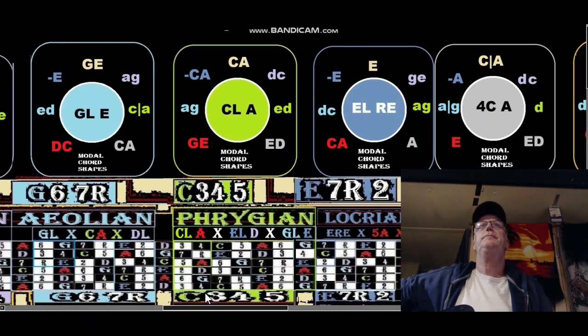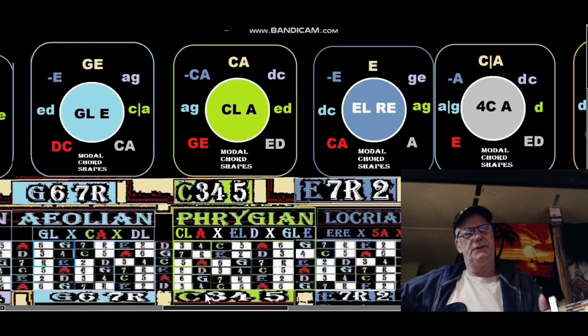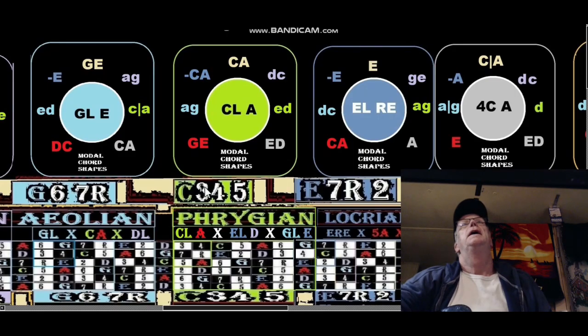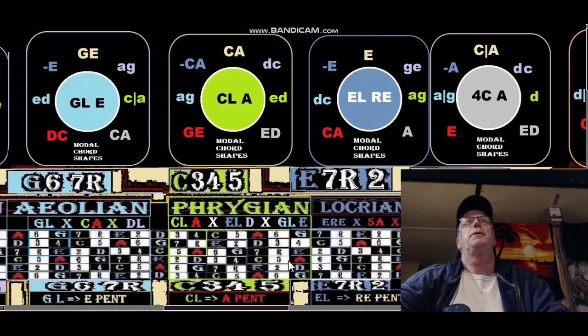So we have a C shape and an A shape. These are chord shapes, and we've got C long to A pent for the scale.